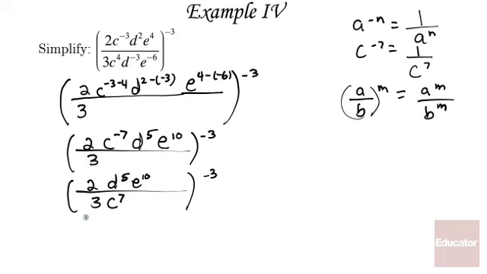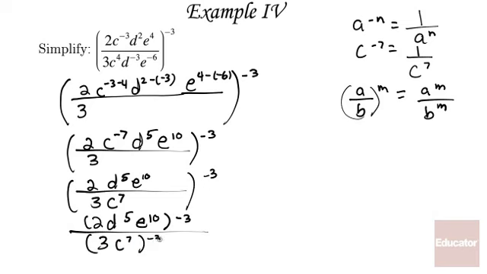That's going to give me 2d to the 5th, e to the 10th, to the negative 3, over 3, c to the 7th, also to the negative 3. Since I have powers raised to powers, I need to multiply the exponents.